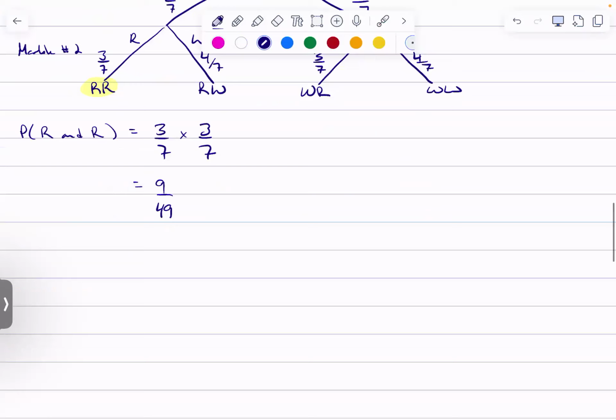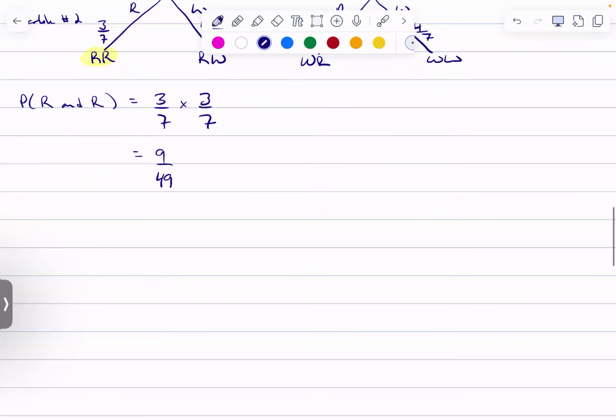But I'll just use my calculator. 3/7 times 3/7, or you could square it if you want, as long as you use brackets. It is 9/49 in case you wanted to try your fraction work.